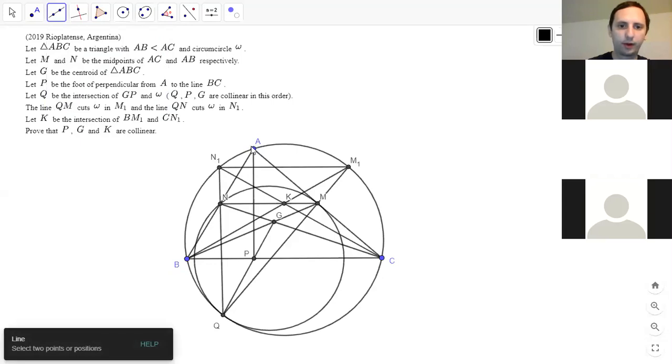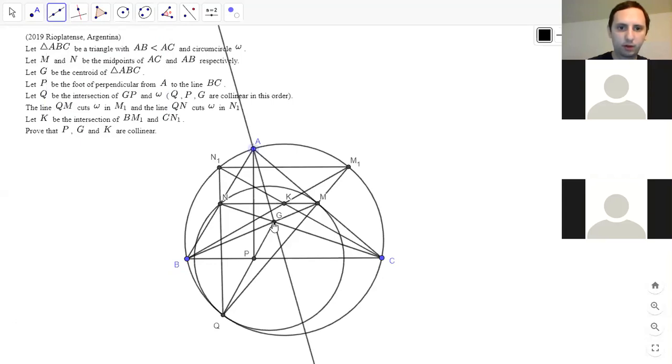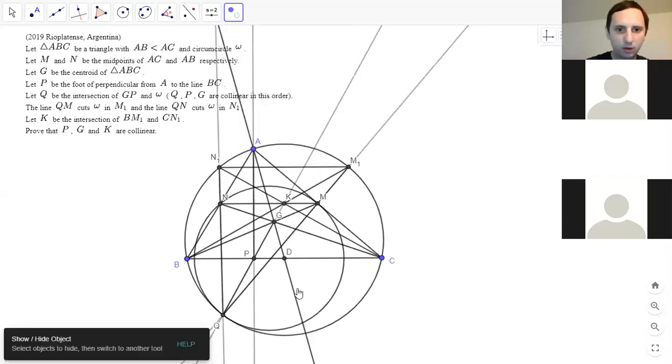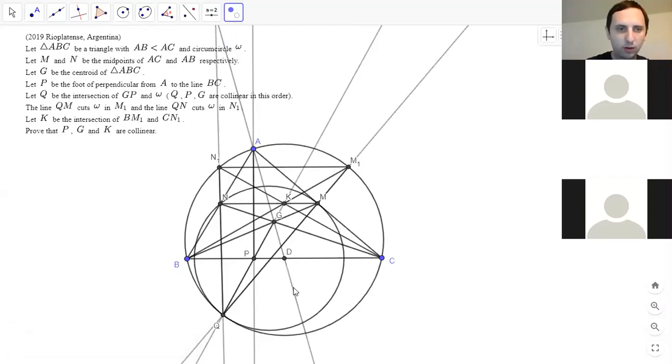Is what you're saying, right? Yeah. And after this, mark this point as D, say. All right. And just connect P to K. We know they are collinear. We just need to show that KD is perpendicular to BC.